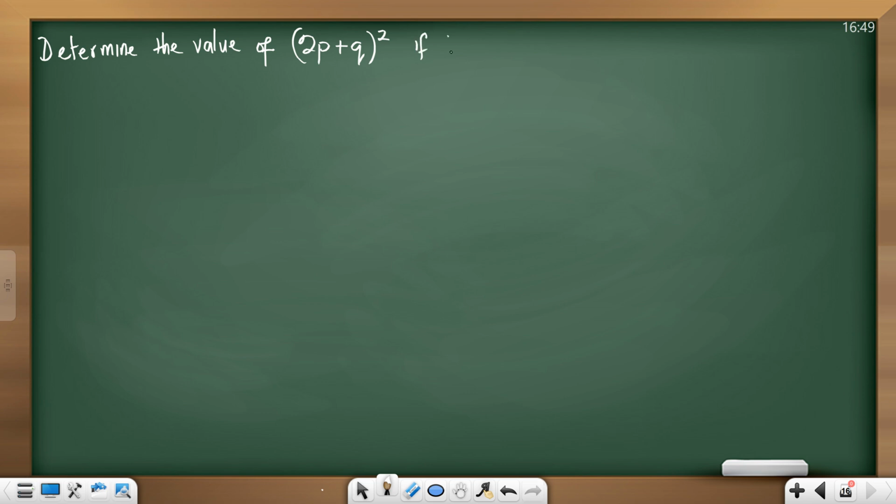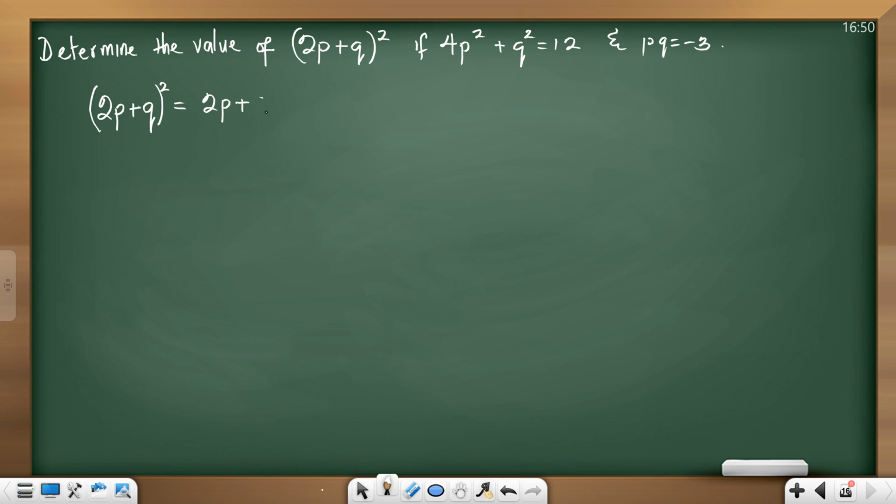If 4p squared plus q squared equals 12, and pq equals negative 3. So what do I do here with this? 2p plus q squared. What does it mean? It means we FOIL.